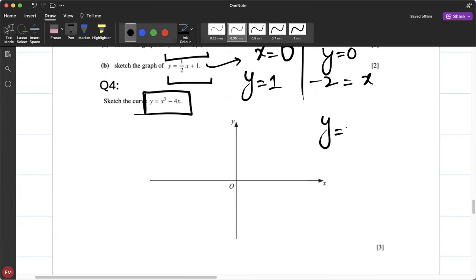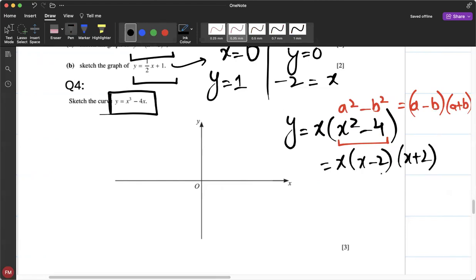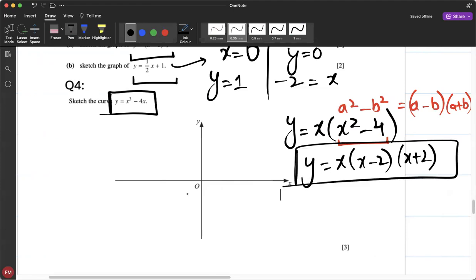Can't you just take x common out? Wouldn't that just give you x squared minus 4? And can't you see that this is where you can apply the identity a squared minus b squared equals a minus b, and then we have a plus b. That clearly tells us that this equation has to be x minus 2, x plus 2, and that's my y.